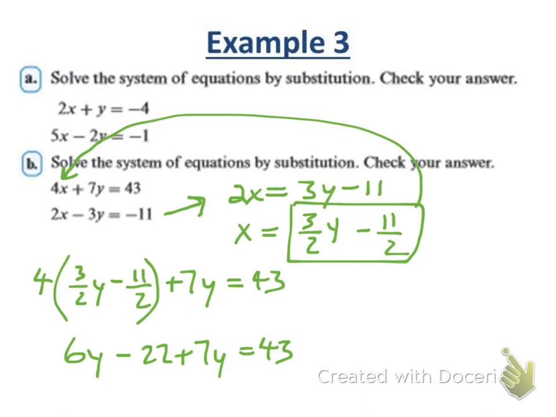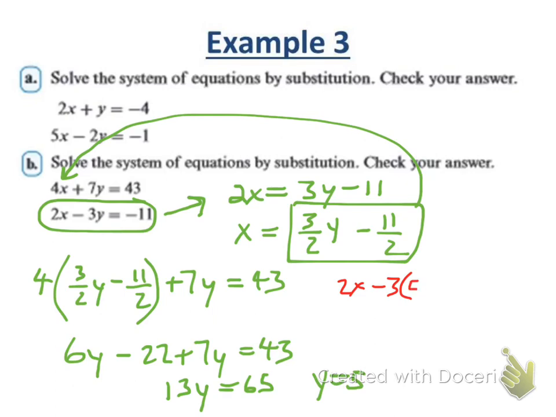We're going to add the 6y and the 7y and add 22 to both sides. We're going to get 13y equals 65, and that means that y is equal to 5. Now we'll put that into one of our original equations. Really, any equation will work, but let's pick this one right here: 2x minus 3 times y equals negative 11.